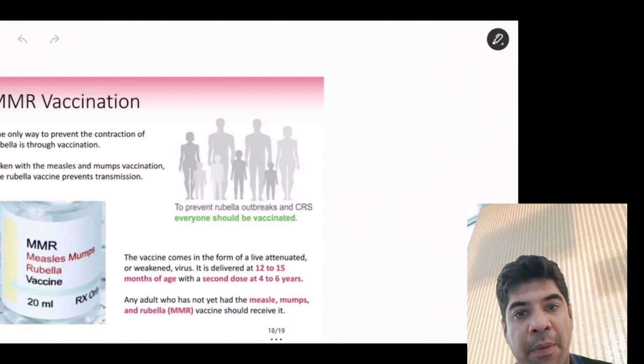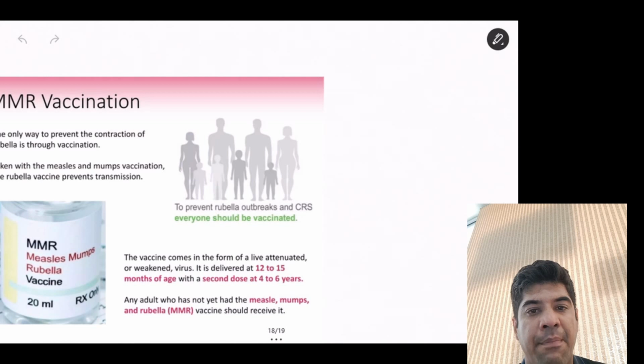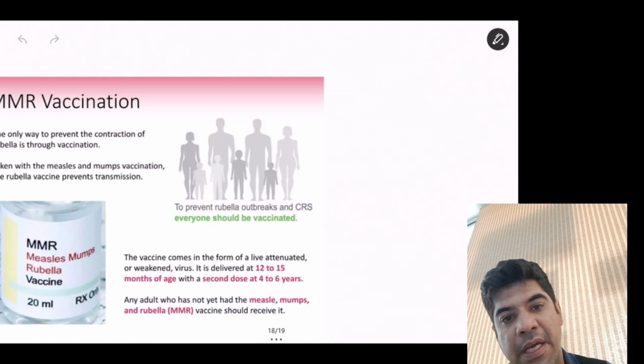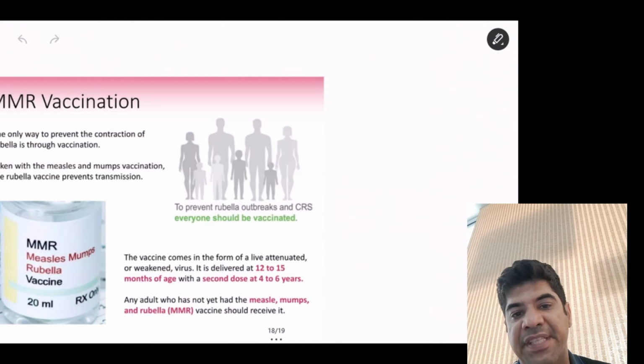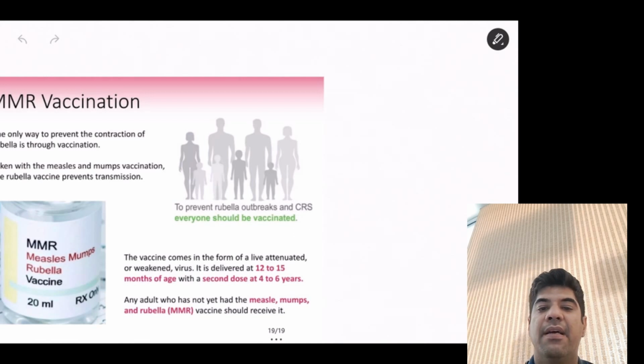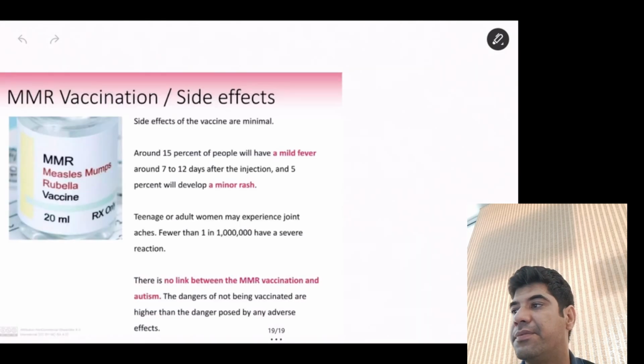Vaccination is crucial for prevention. MMR or MMRV are recommended for children and non-pregnant women of childbearing age. The contraindications for the vaccine include pregnancy, immunodeficiency, allergy to vaccine components, and febrile illness.